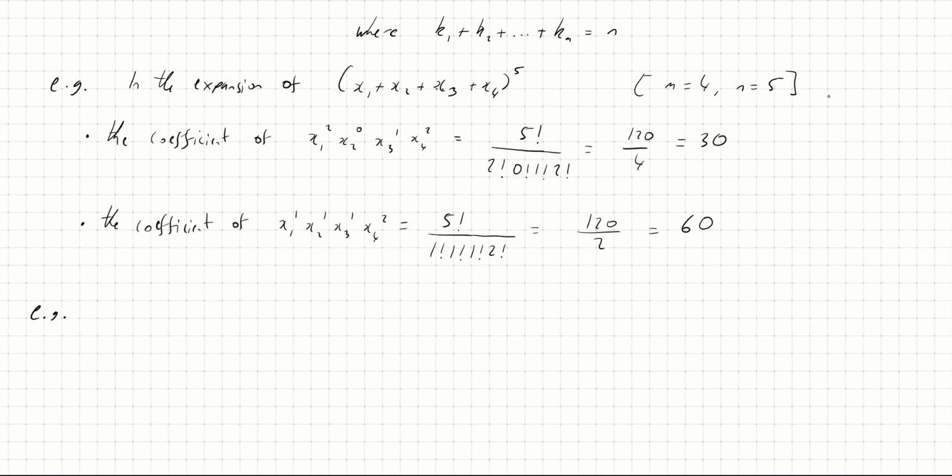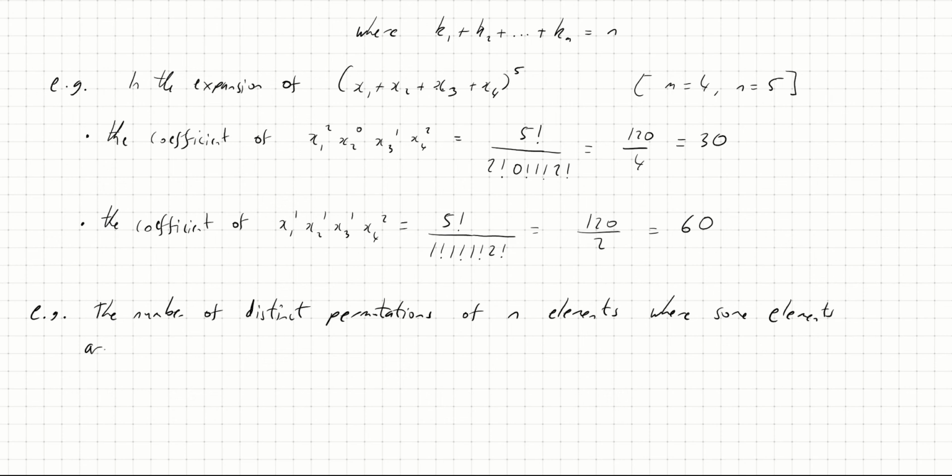Let's write down, e.g., the number of distinct permutations of n elements where some elements are repeated, and we'll use the word multiplicity.